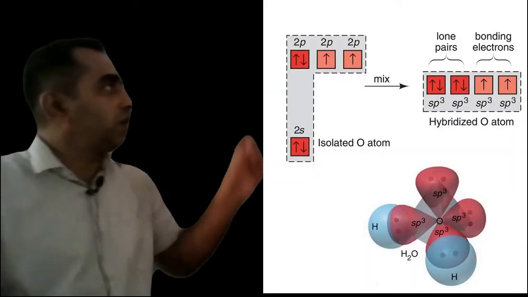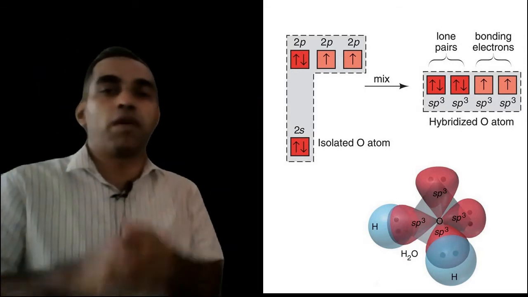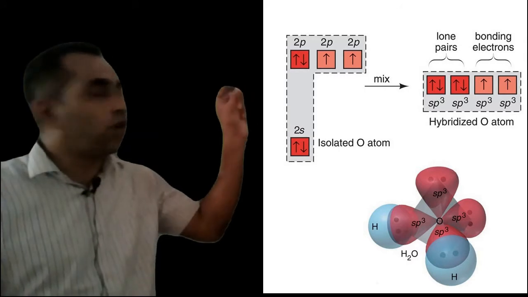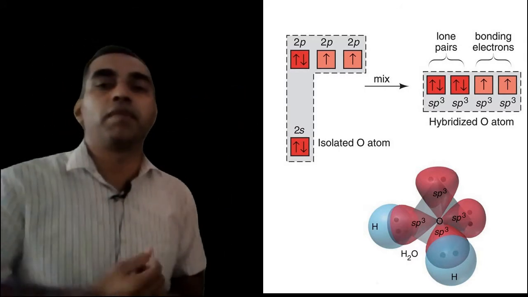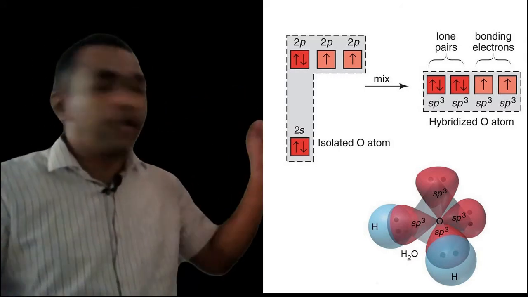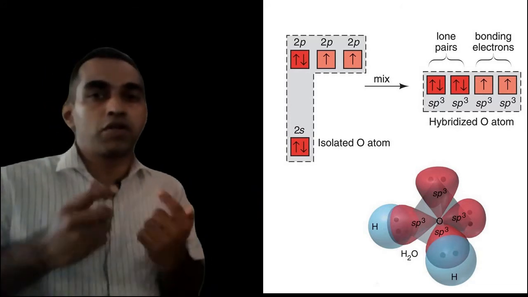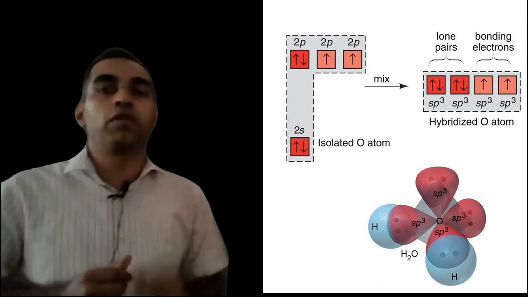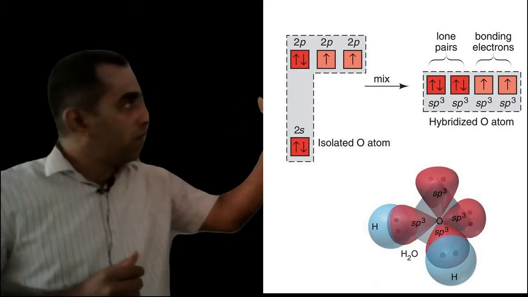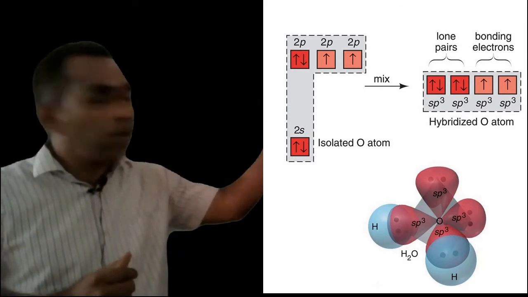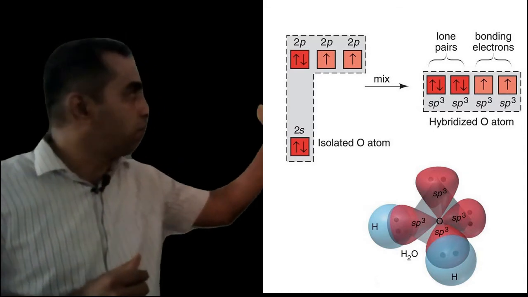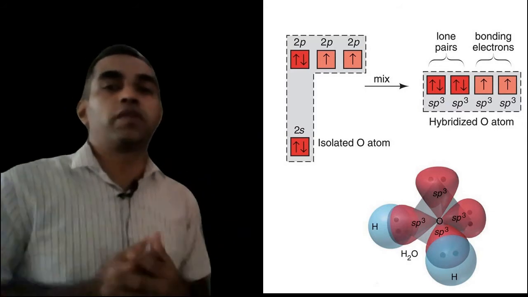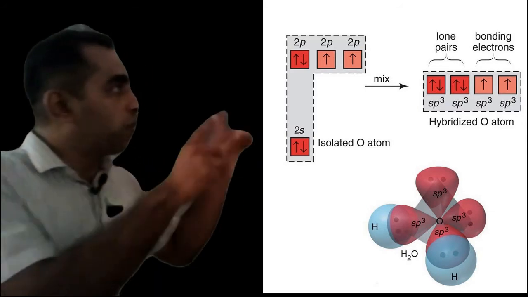In water, oxygen is the center atom which forms bonds with 2 hydrogen atoms. The center atom oxygen has atomic number 8. So, the outermost orbitals are 2s and 2p, with 2s2, 2p4. Here 3 orbitals from the 2p subshell mix with the 2s subshell, giving 4 sp3 hybridized orbitals.